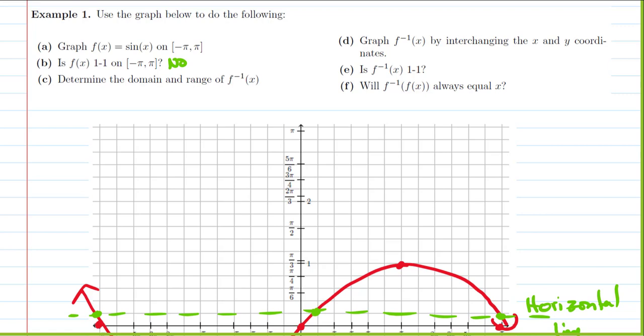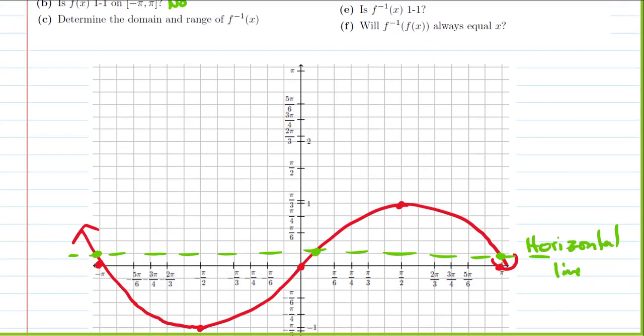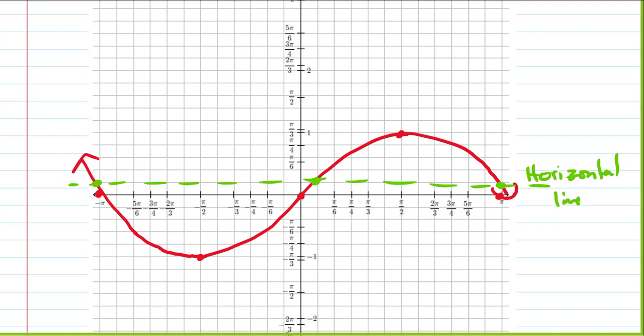The problem with that is for a function to be invertible, or for its inverse to exist, the function has to be 1 to 1. So we have to fix this function by restricting its domain. So we need it to be 1 to 1. We notice that if we look here and here, we have these 2 points of intersection.